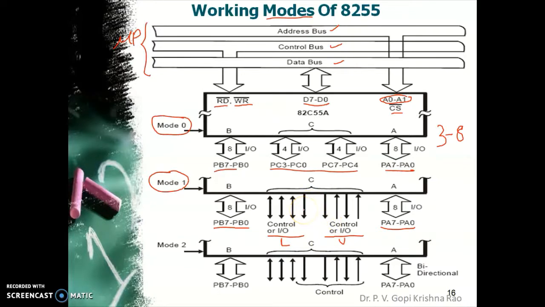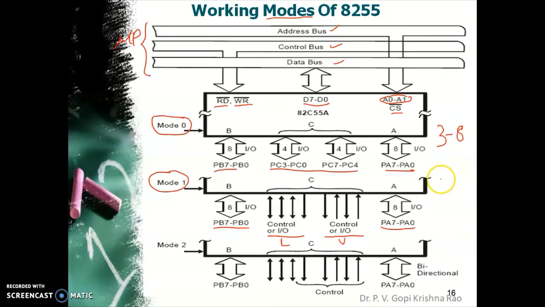Acknowledgement signals in the sense: I want to send the data, I am ready to receive the data, I have received the data. These kinds of signals will establish a faithful transfer of information from the source to destination. So normally we call them acknowledgement signals or handshake signals.